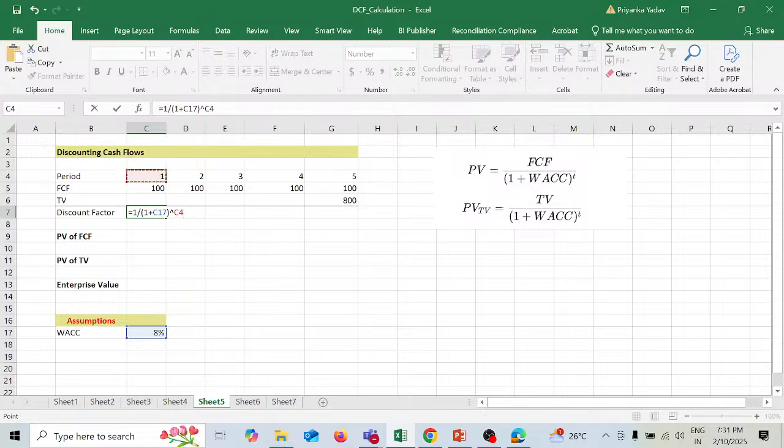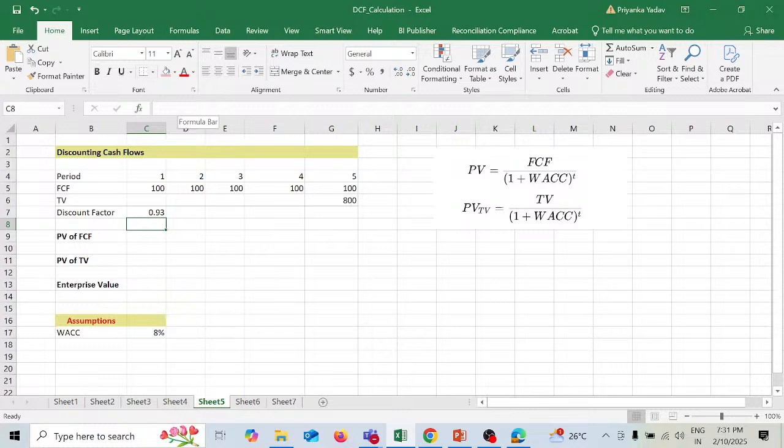And since I'm going to scroll this further to copy the same formula, I'll make it fixed by putting the dollar over here, and you can do this with your F4 key. You've got the discount factor. I've divided this whole formula into two parts. First I have calculated the discount factor, and then I will multiply it with FCF. So this is your discount factor.